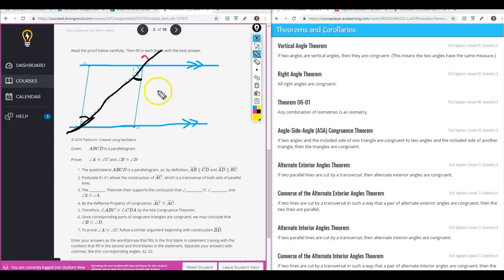So let's verify. So angle 1, it's right here. Again, here's our transversal. There's the left, here's the right. So angle 1's on the left hand side, angle 2 is on the right hand side. So they are alternate and they are still running between the parallel lines. So yes, they are still alternate interior angles.